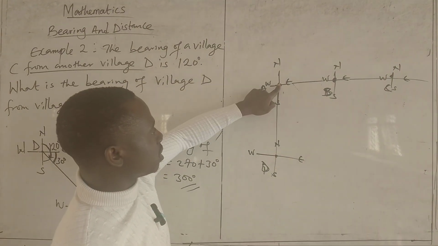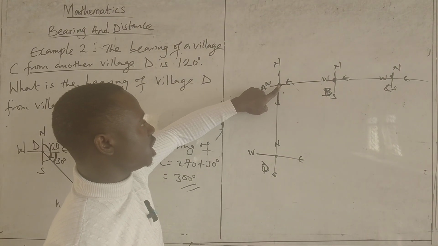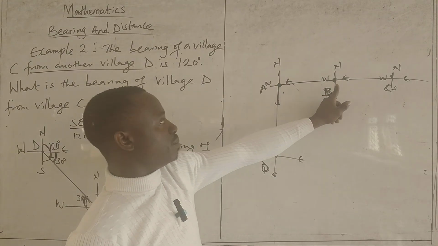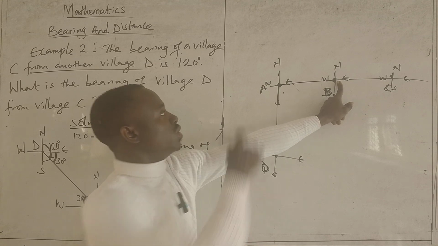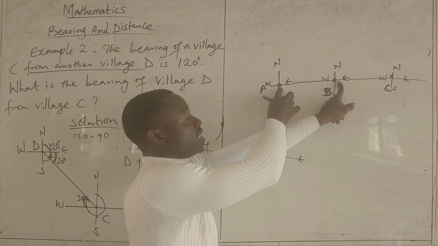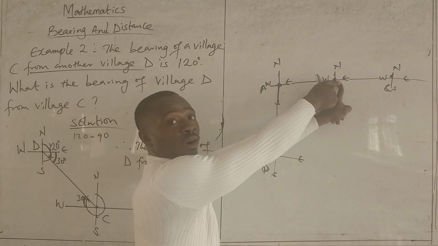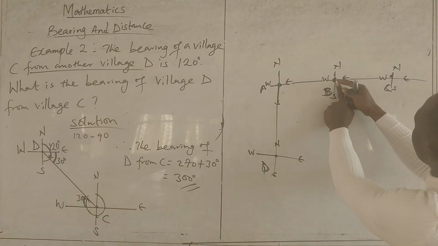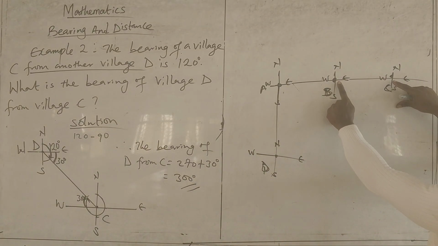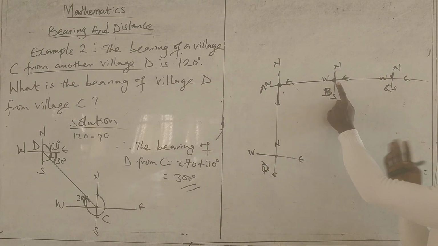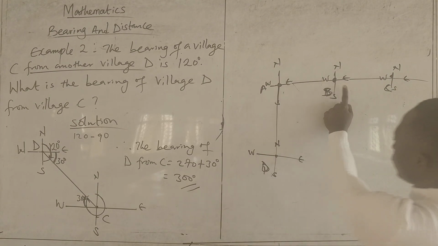So point A is due north of D. Point B, relative to A, is due east of A, while point B relative to C is directly due west of C.